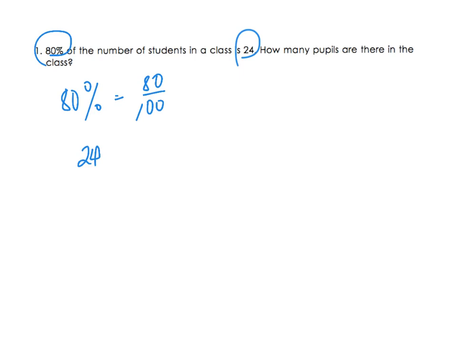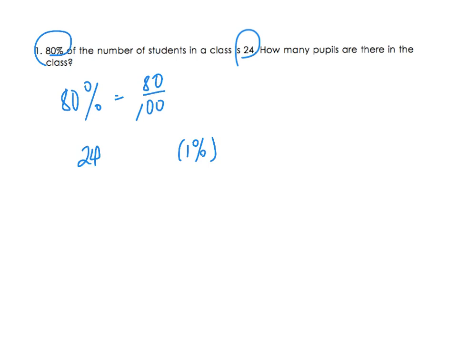We can actually solve for the total number of pupils in class by trying to find out what value represents 1%. Now, this might not sound realistic if we do this, but it will give us a value that we can actually multiply 100 times to reach the actual amount we are looking for.